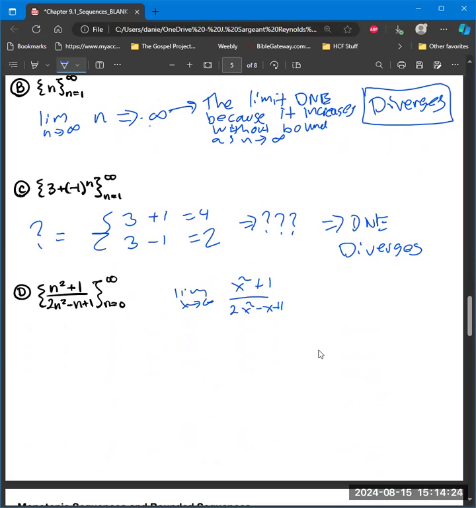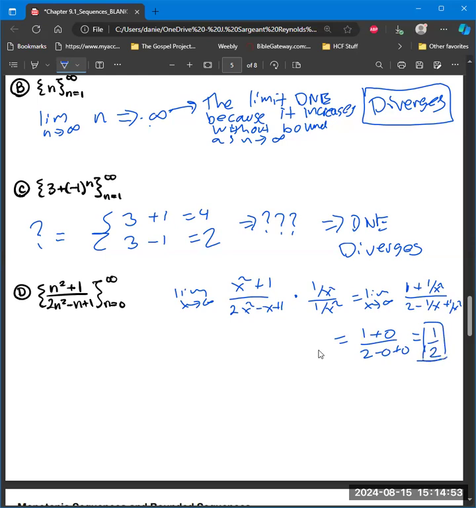And I'm going to multiply by 1 over x squared for both of those. That's going to give me the limit as x goes to infinity of 1 plus 1 over x squared over 2 minus 1 over x plus 1 over x squared. That's going to be equal to 1 plus 0 over 2 minus 0 plus 0, which is 1/2.